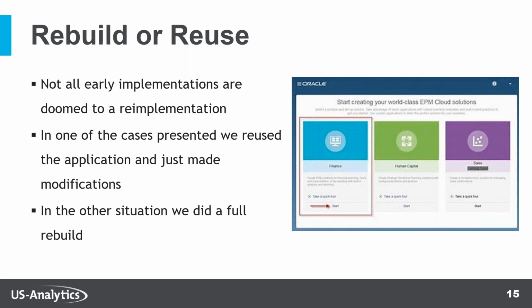So, for those of you out there that have this issue, you have an early adopters legacy version of the application, you can continue to use that, and it can still be rewritten and revised and salvageable. And then again, there might be cases where it might need to be scrapped, and that's okay too.